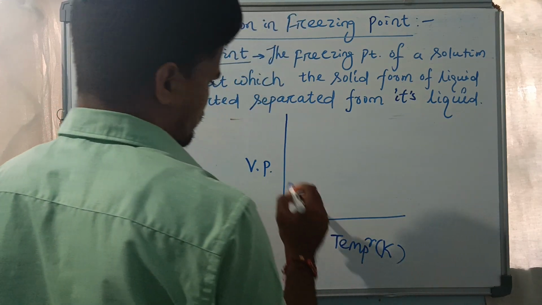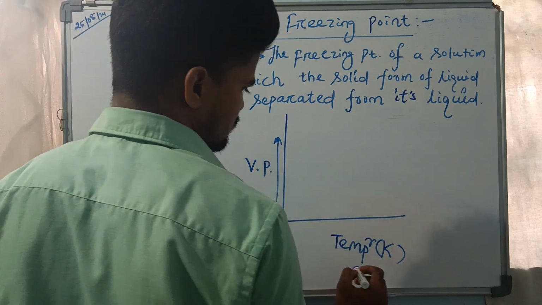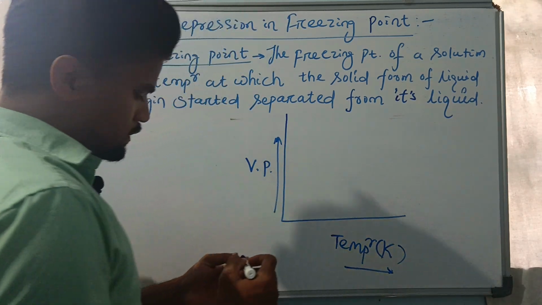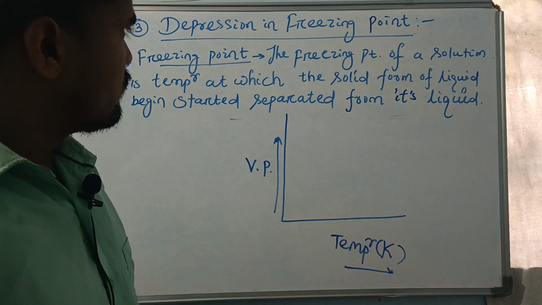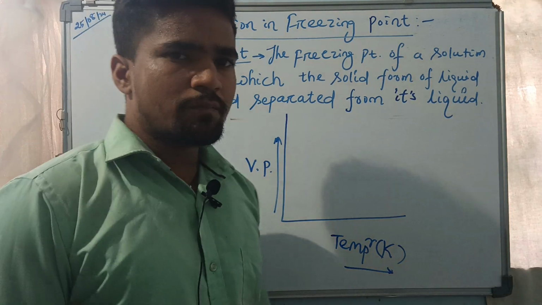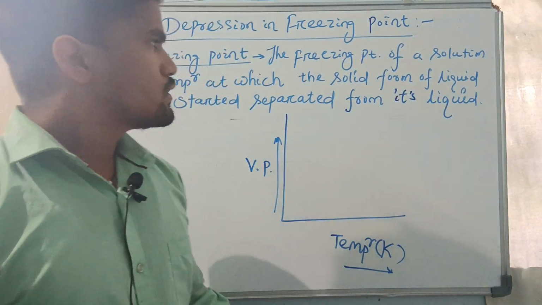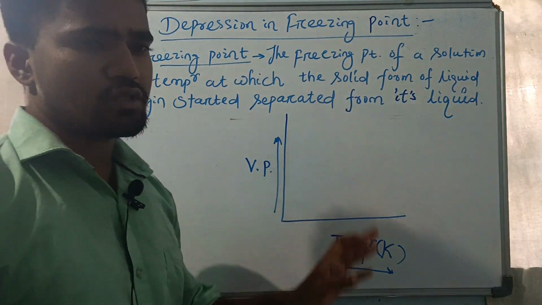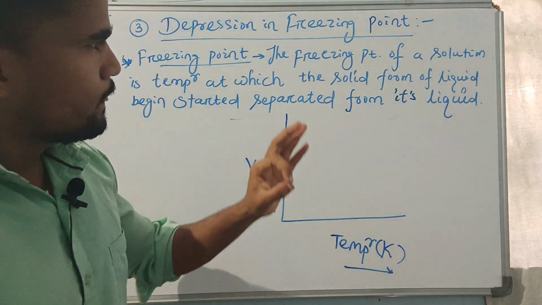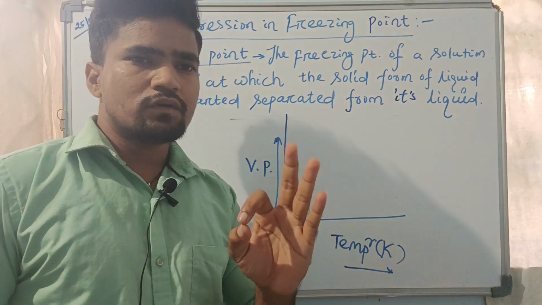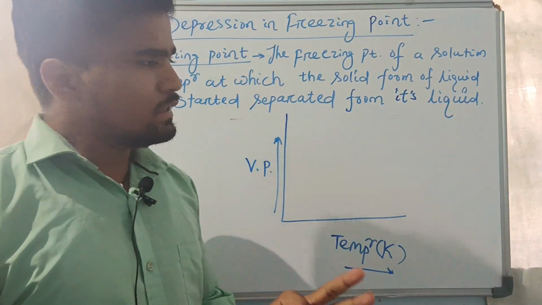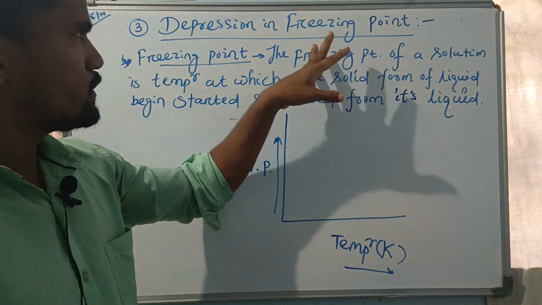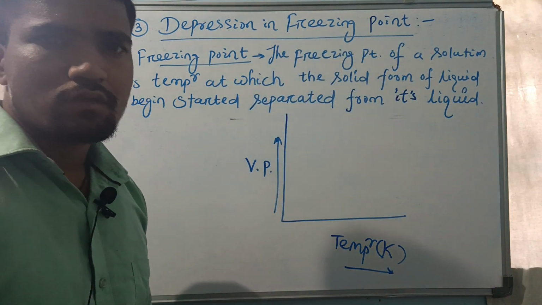In Kelvin, this is vapor pressure, this is temperature. And you know the freezing point. So we have to discuss solution and solid, that means the pure solvent. The lowering in vapor pressure of a solution means the vapor pressure at the freezing point also decreases.